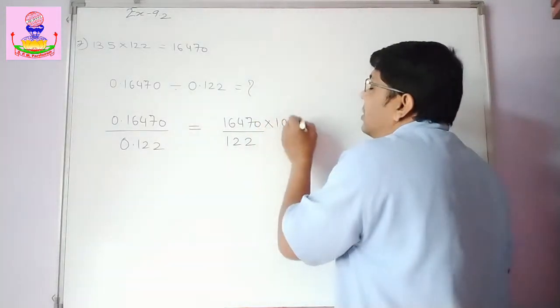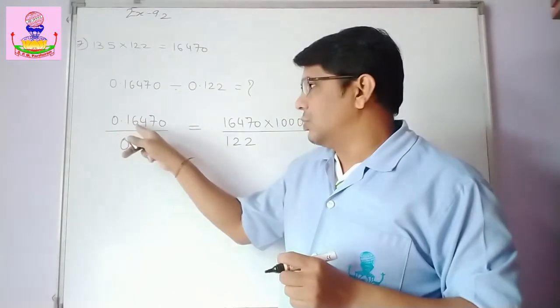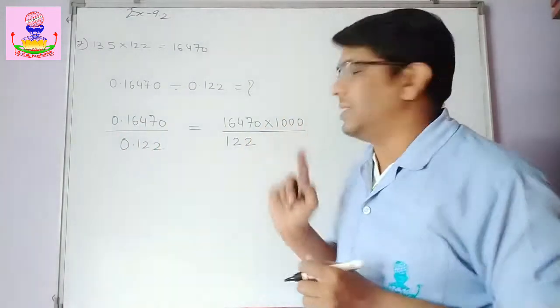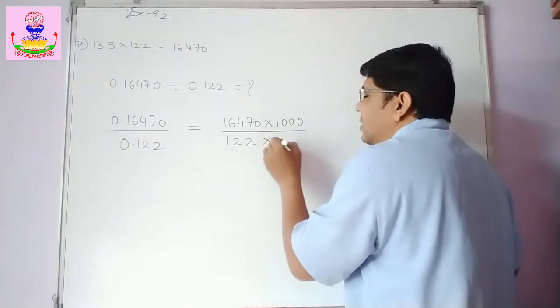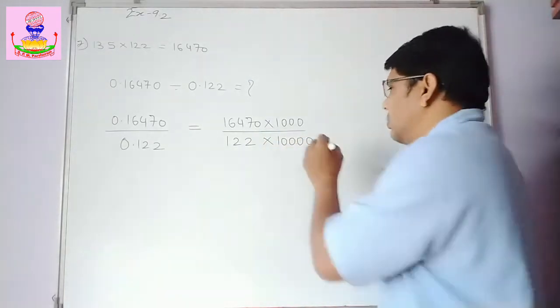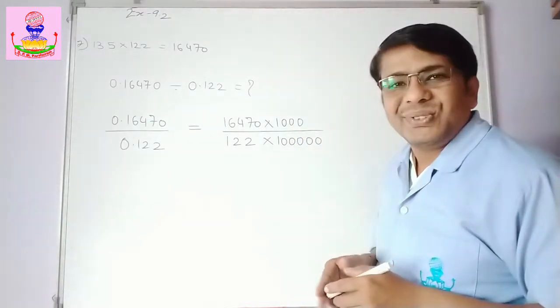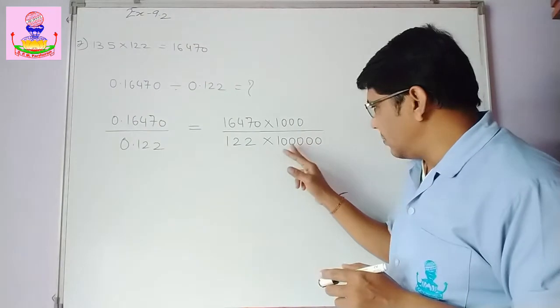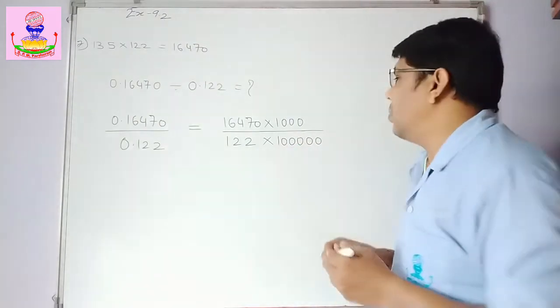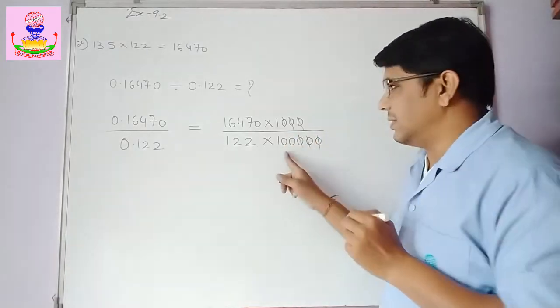I am going to write it in the numerator. And here, after the decimal point, 1, 2, 3, 4, 5. 5 digits. So I am going to write them in the denominator. So 5 zeros. Okay. Now, so 3 zeros will get cancelled. So left is 100.